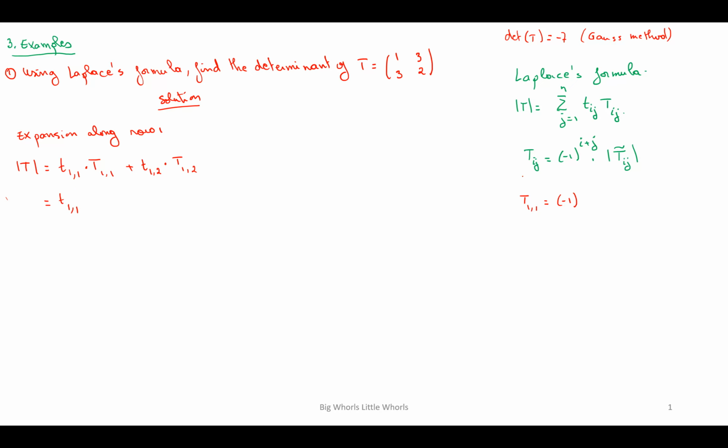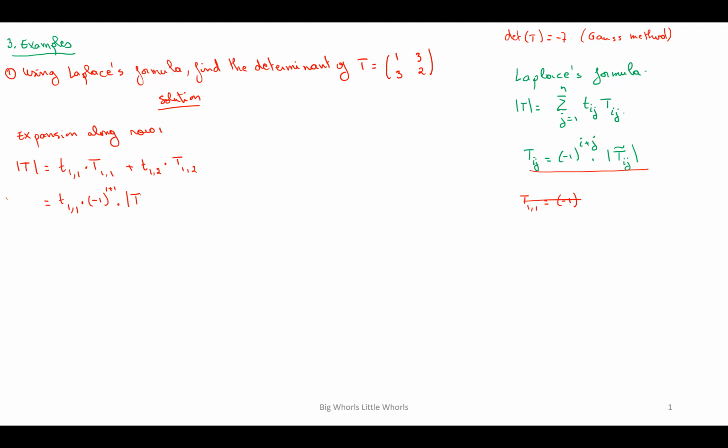The cofactor is -1 to the power of 1 plus 1, that is i plus j, multiplied by the determinant of the ij minor.